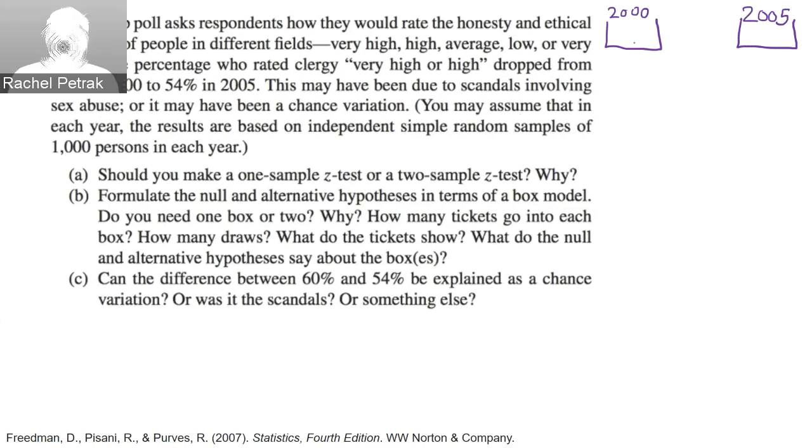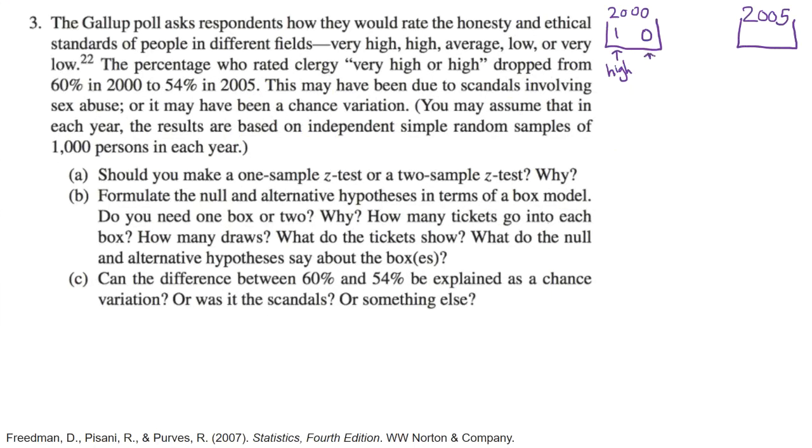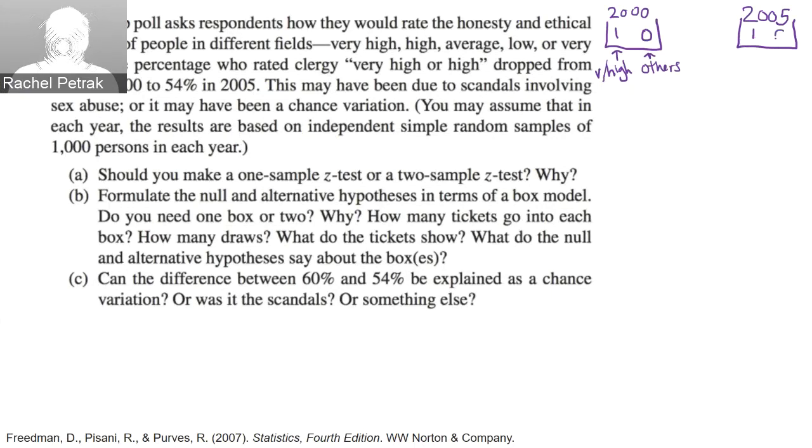So if we just think about one of the boxes, each box has a ticket for each person in the population, marked 1 for those who would rate clergymen very high or high, and zero for any other rating. And the 2005 box looks the same.